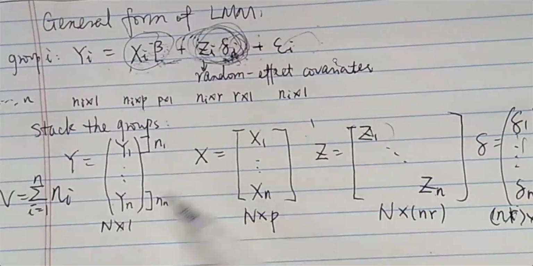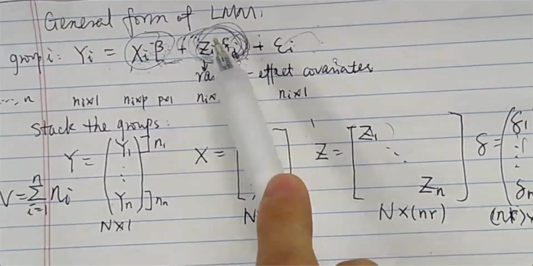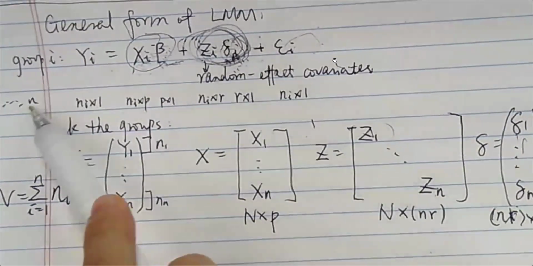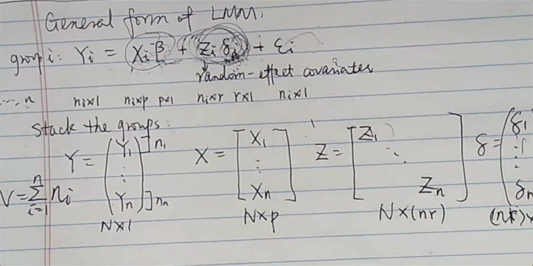How much can be explained by the random effects that are group specific, the group differences? And how much is remaining to be explained by random error? So that's why it's about the variance decomposition.